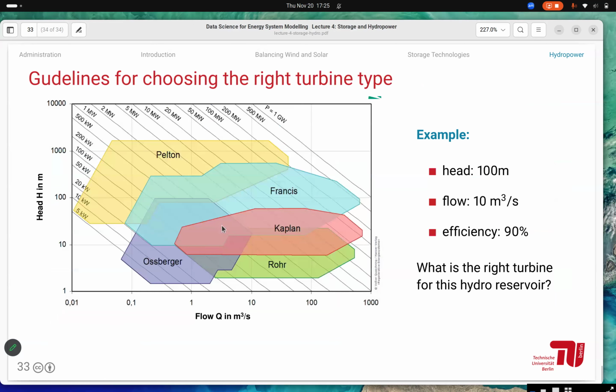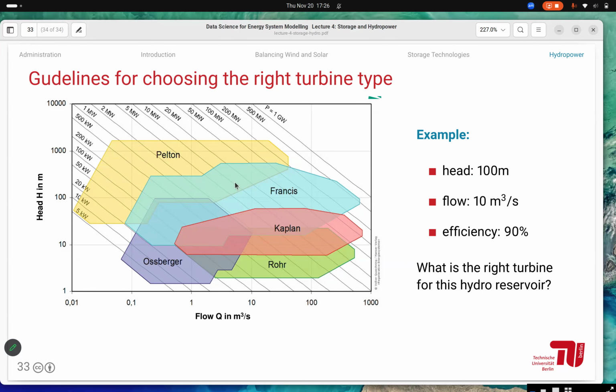You can often see charts like this, with flow rates in cubic meters per second on one axis and the head on another axis, which both translate into some capacity, which would help you choose the best operating regime for the different turbines.